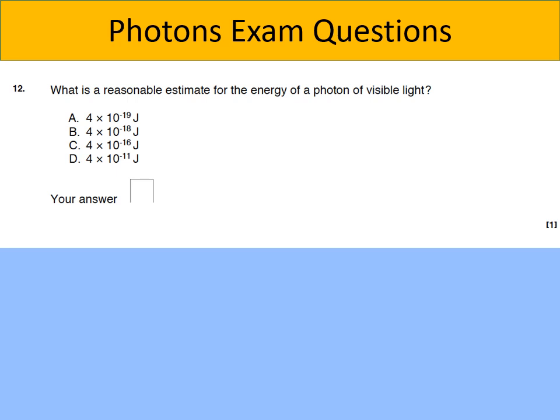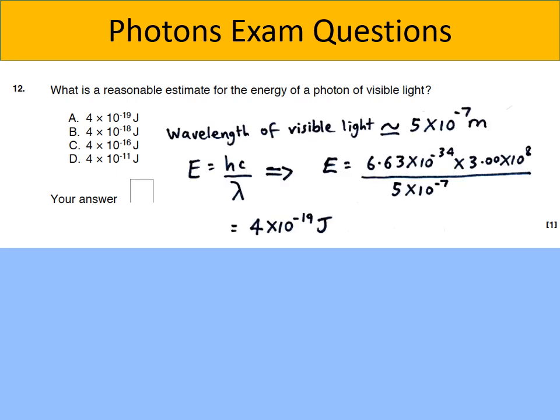Question number 12. What is a reasonable estimate for the energy of a photon of visible light? Now we need to have an idea of what is an estimate for the wavelength of visible light. The wavelength of visible light is approximately 5 times 10 to the power minus 7 meters. Knowing that, we can then plug that into our energy of a photon equation.